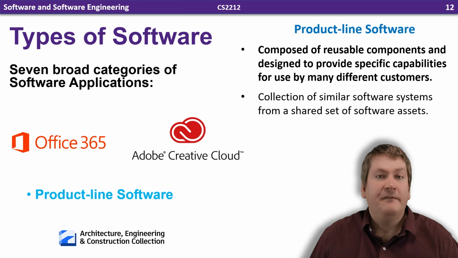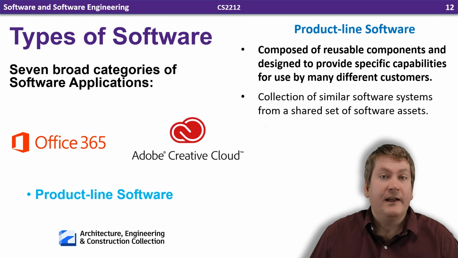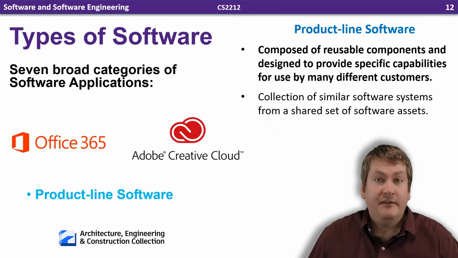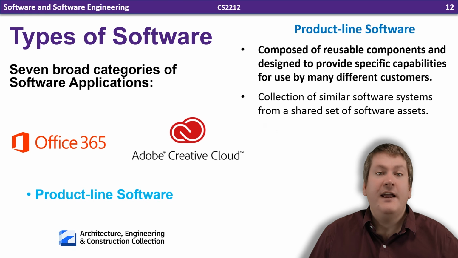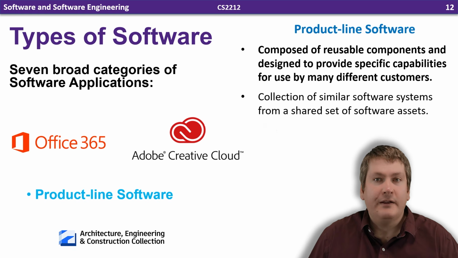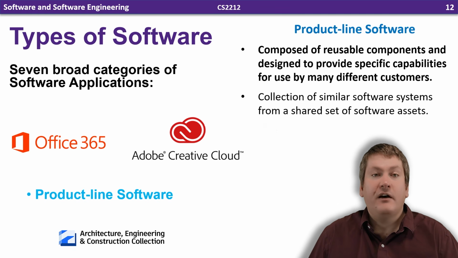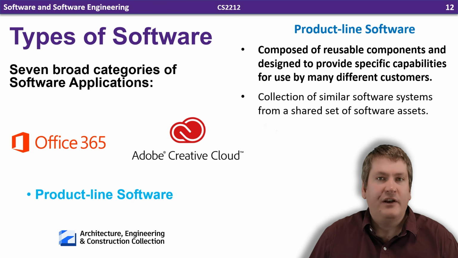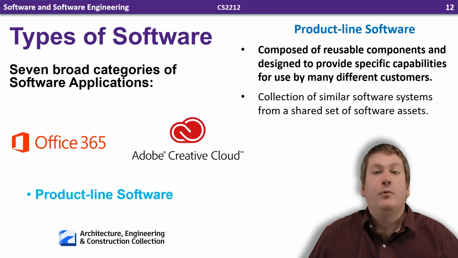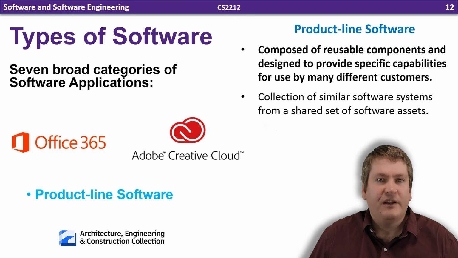This has several advantages for the developer. Using software assets speeds development and reduces maintenance, helping to lower the costs and create new applications more quickly. For end users, this also helps to provide a standard interface and designs which lowers the learning curve when you're using new software in the same product line.